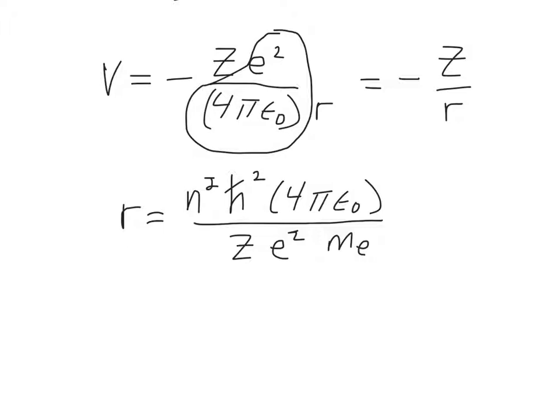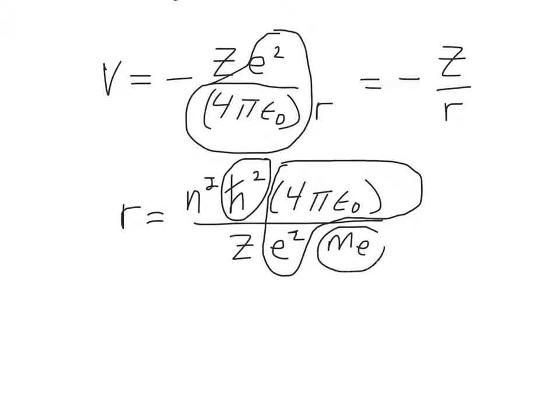And you can see that if we do atomic units, we see the h bar squared, which I'll circle here, that's equal to 1. This part involving the charge of the electron and the 4 pi epsilon naught, that's equal to 1. And this is equal to 1. So in atomic units, the allowed radii simply come out to be n squared over Z.